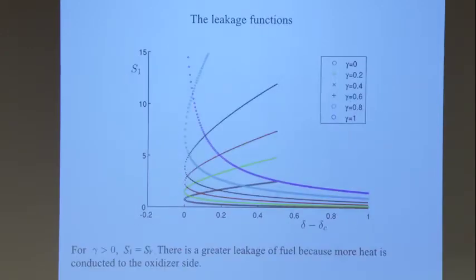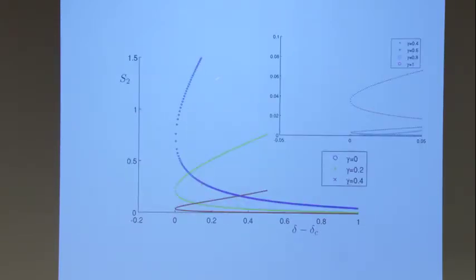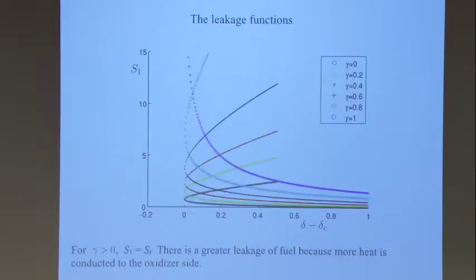What I want you to note is the difference between the values. There is a significant amount of leakage of fuel, but a very small amount of leakage of oxidizer. When gamma equal to 0, it's a symmetric case. These circles, which one is that?